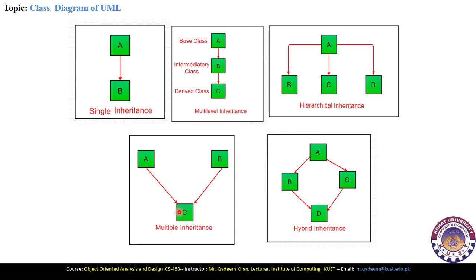This is called multiple inheritance because C has two different parents, A and B. That means C contains the capabilities of both A and B.